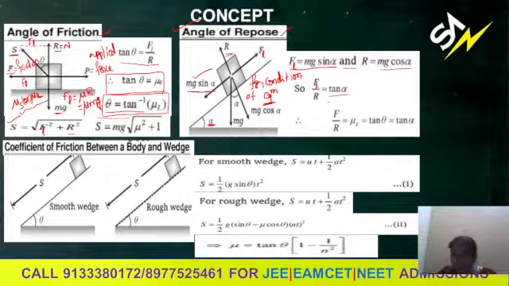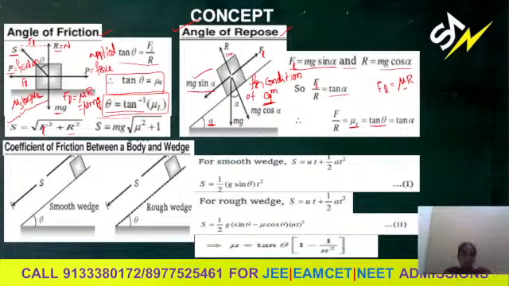Here F by R is nothing but mu s, because limiting friction is equal to mu into R, so FL by R is equal to mu. So mu is equal to tan alpha as well as tan theta. You can see we have proved it for the angle of friction.